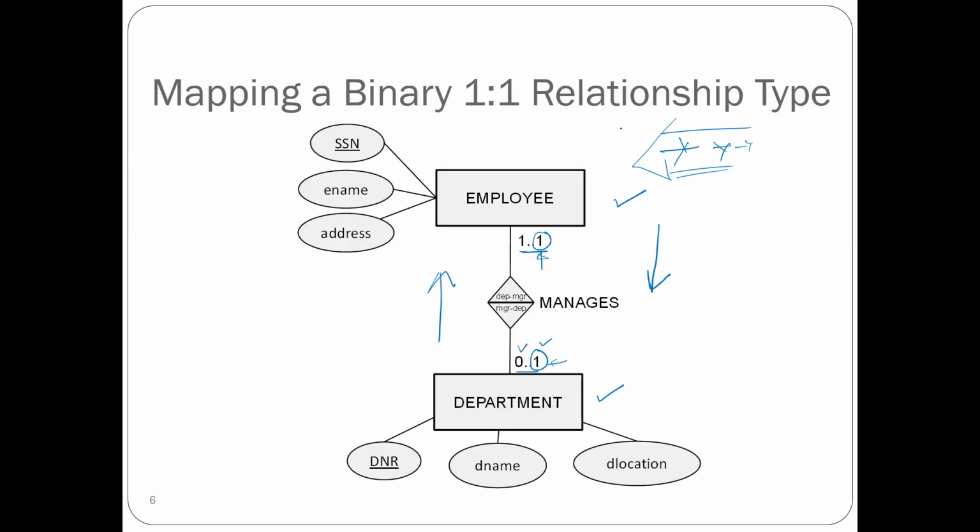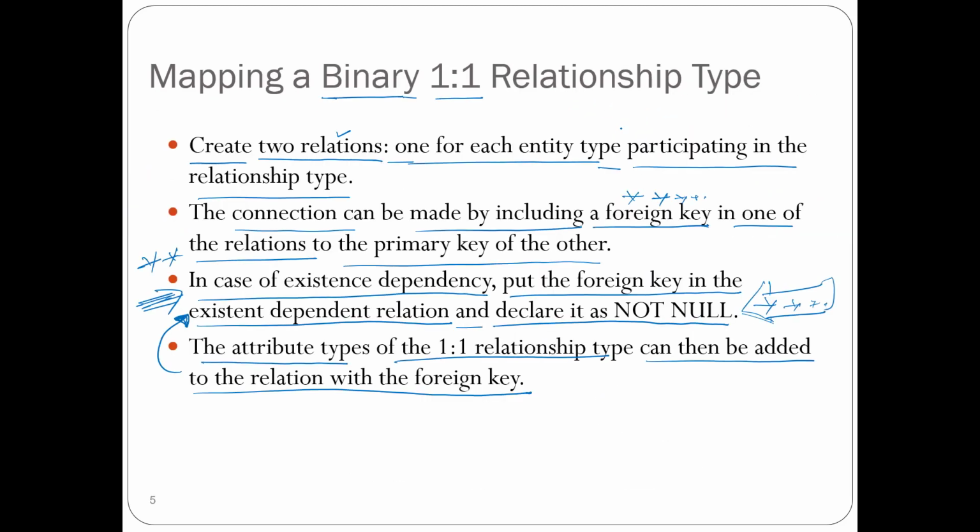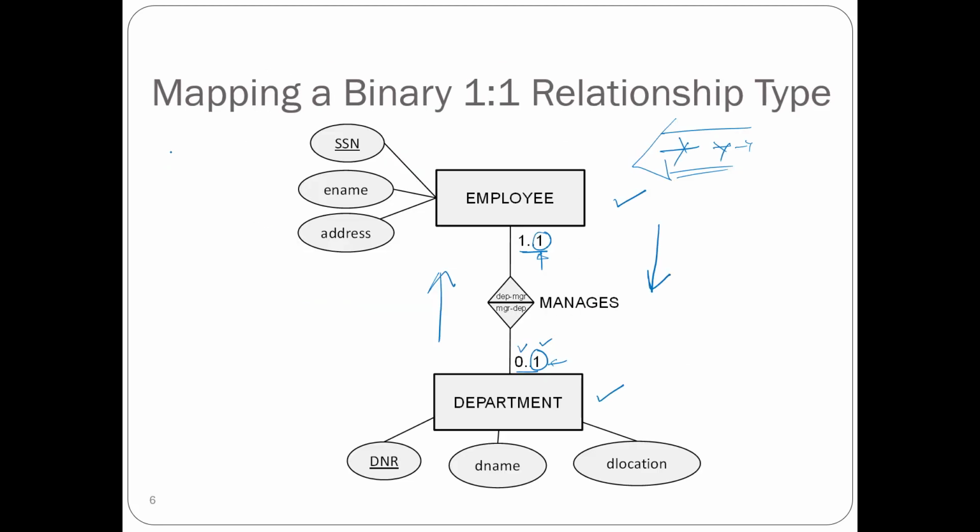So where? Right here. Okay, right here I did discuss these things, like how are we going to map a binary one-to-one relationship type? First, we will create two relations, each relation corresponding to one of the entity types, and then we will use a foreign key and put the foreign key in one of the relations.